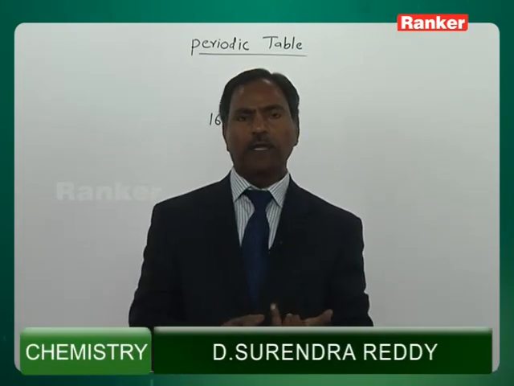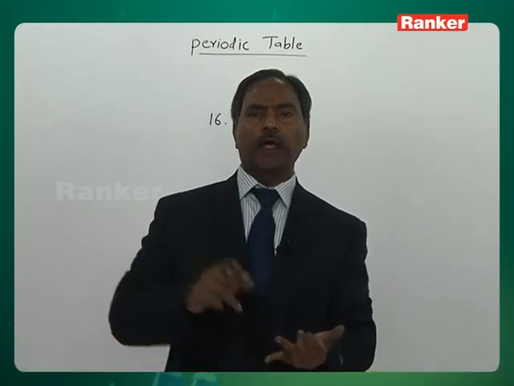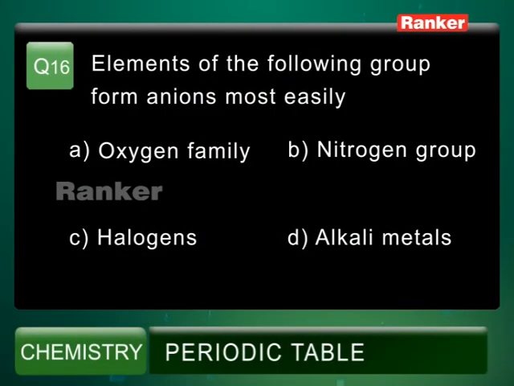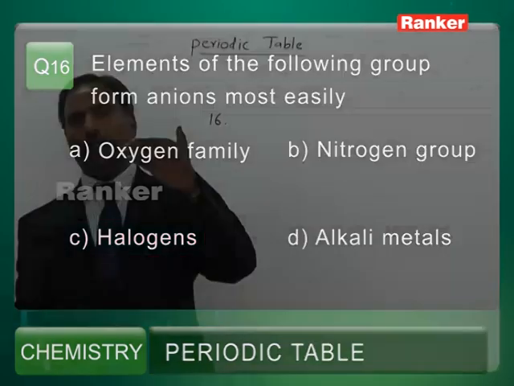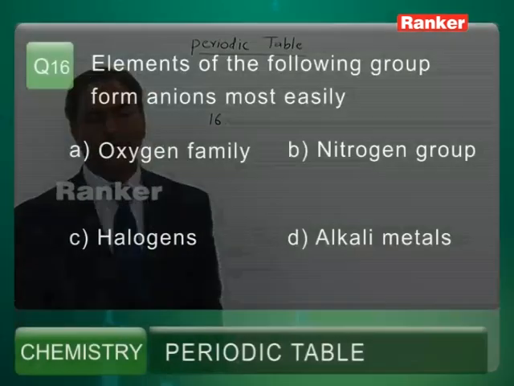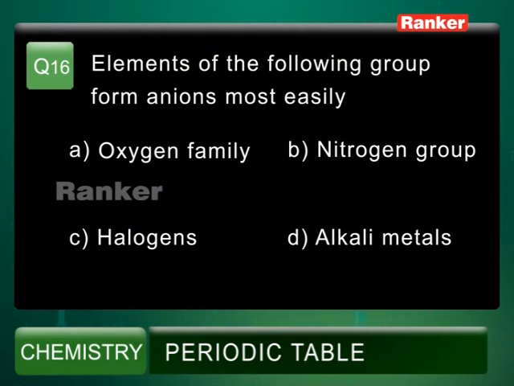High electronegativity, high electron affinity. Whichever have high electronegativity and high electron affinity, they easily form anions. Halogens are easily capable of accepting an electron and converting into anions. Therefore, question number 16, answer is C.